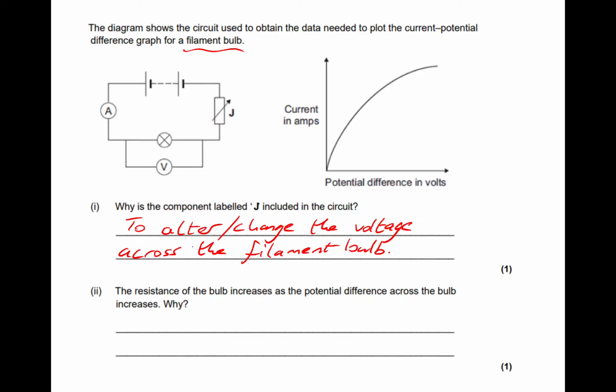And incidentally, the current. Now, the resistance of the bulb increases, the potential difference across the bulb increases. Why? It's only a 1 mark answer. So you could just write temperature increase. Okay. All right, let's move on.